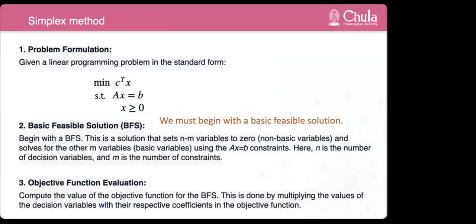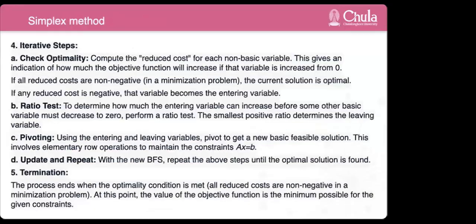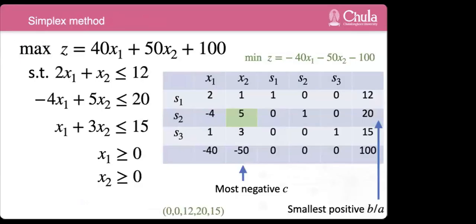Later you can read the algorithm, but I'm going to explain the algorithm by example. I think it's easier to understand from the example. Let's say we have this objective function.